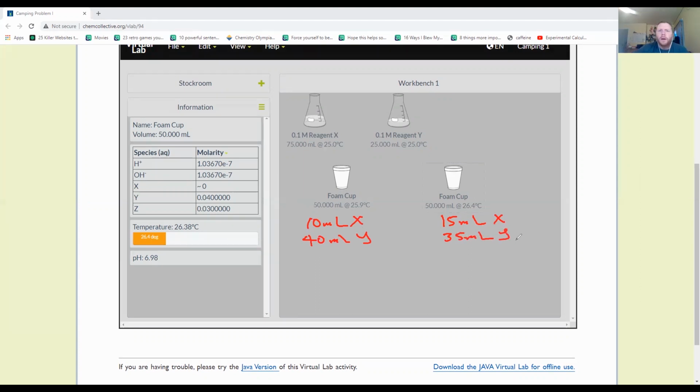Okay. Now, what this shows you is that if we're increasing our amount of X and decreasing our amount of Y, our temperature goes up. At some point, let's think to a very extreme.